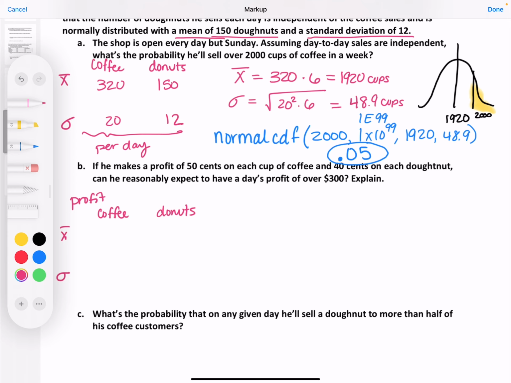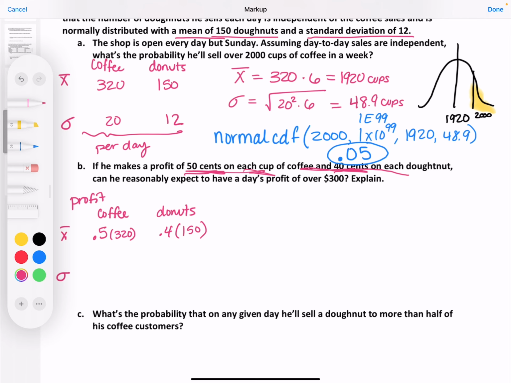Okay. All right, so we know he sold 320 coffees. And he makes a profit of 50 cents on each cup. So times 0.5. Donuts makes a profit of 40 cents. So 0.4 times the number of donuts is 150.